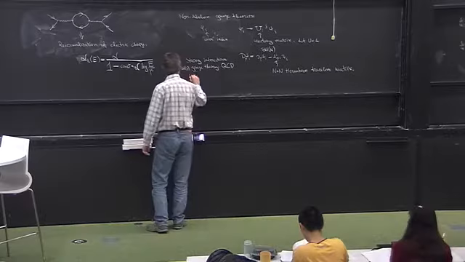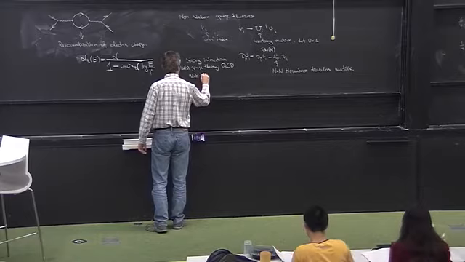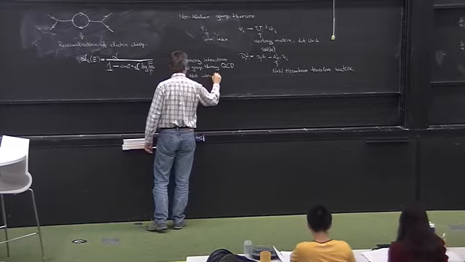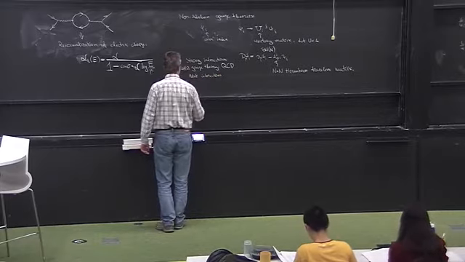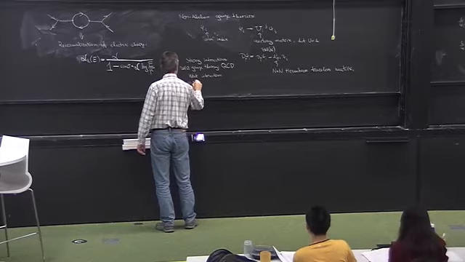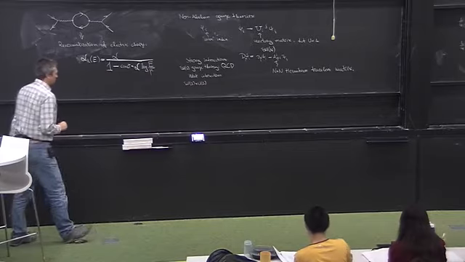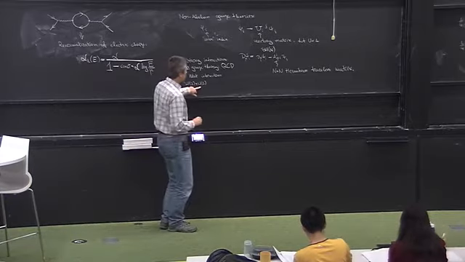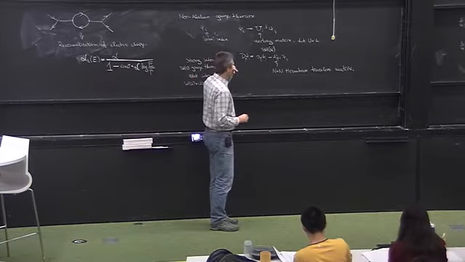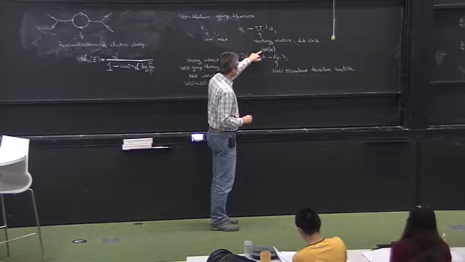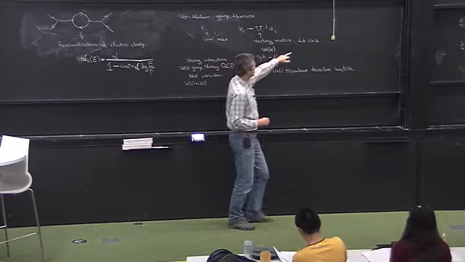So weak interactions are described by SU(2) cross U(1) theory. U(N) means that we don't impose this condition.